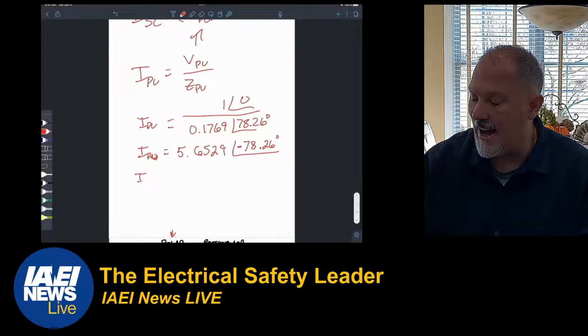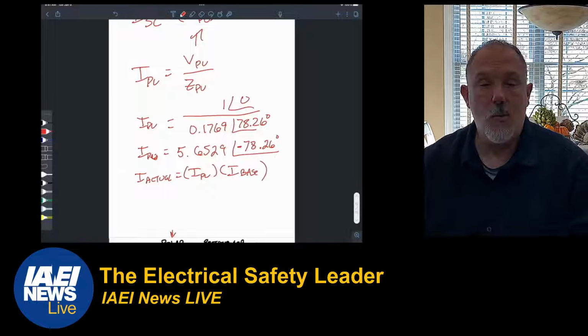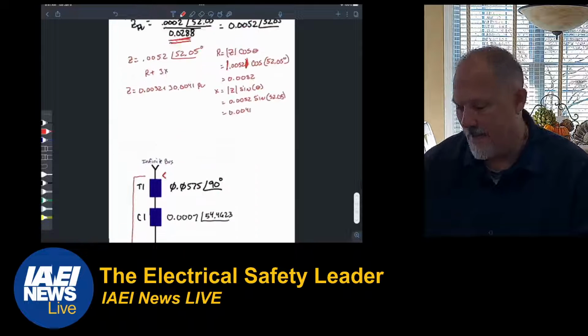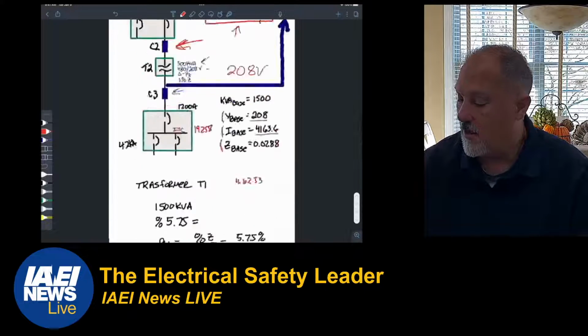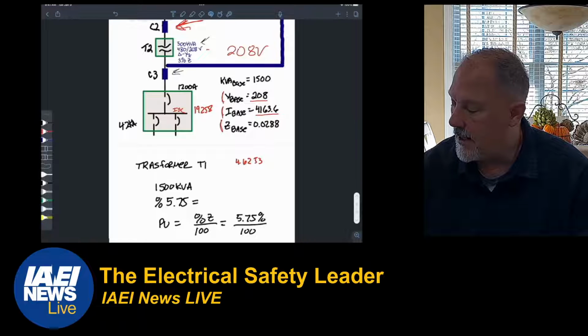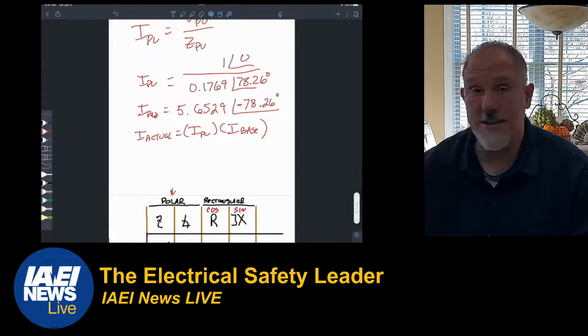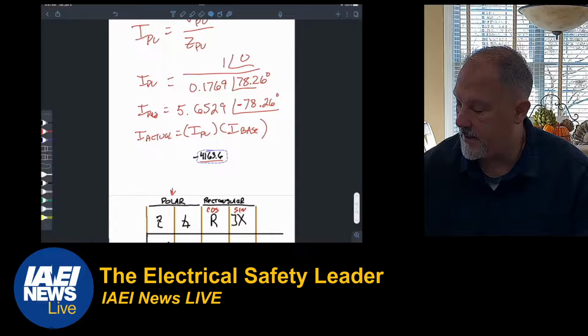What is my I actual? It equals I per unit times I base. What is my I base? I'm glad you asked that question. We got to go back up. What is I base at 208 volts? Ladies and germs, copy. You excited? I am. Paste.